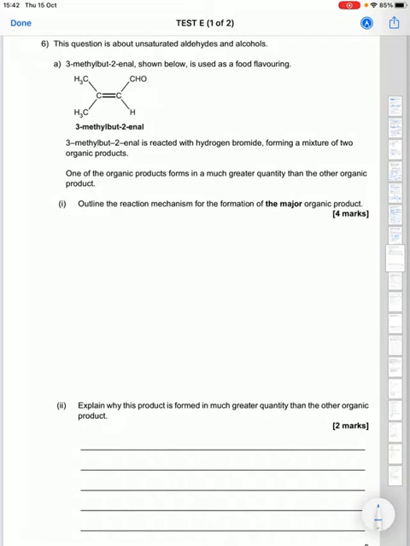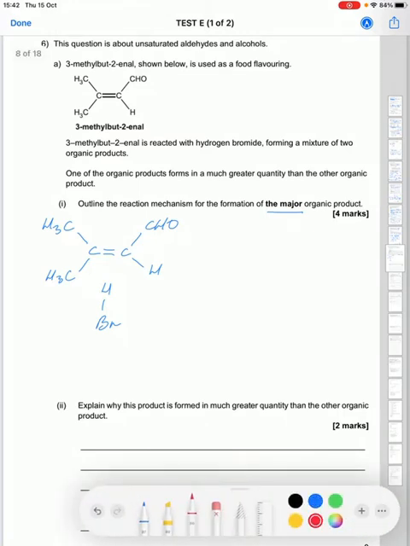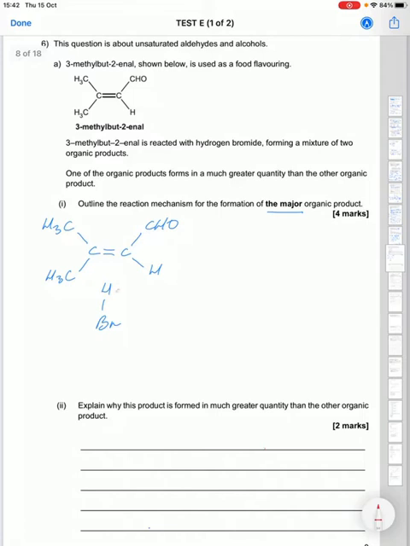Okay, next one, question number 6. So outline the mechanism. And this is with hydrogen bromide. And we need the major product. So let's start with our curly arrows. First of all, dipoles again always help.